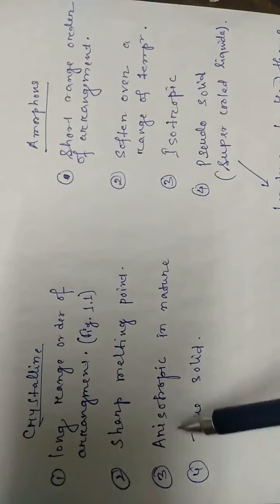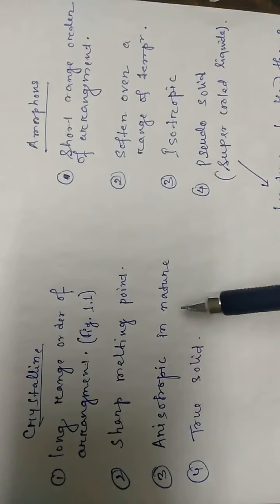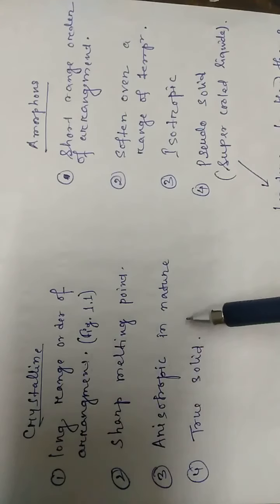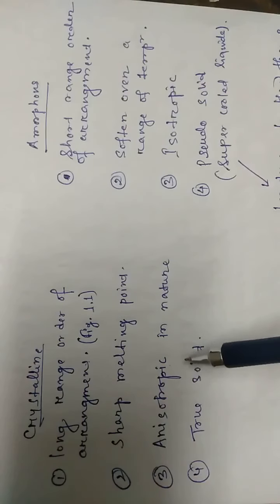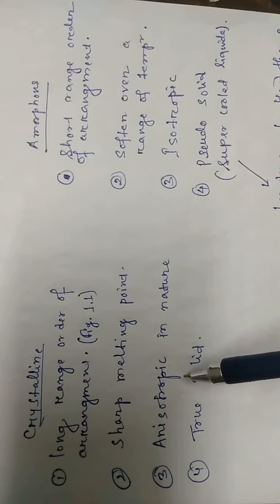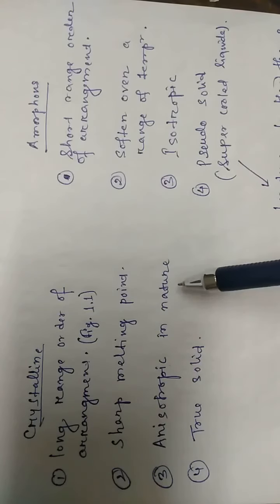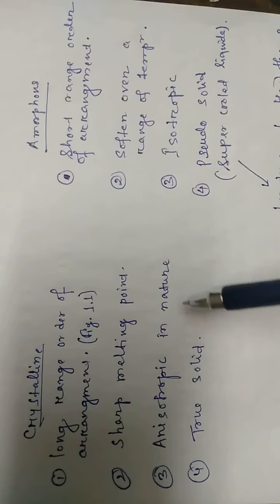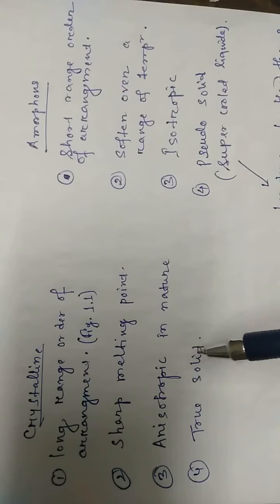Another important point of difference between crystalline and amorphous solids is that crystalline solids are anisotropic in nature. Anisotropic means in the same solid, in different directions, when the values of some physical properties are different, that property is called an anisotropic property.